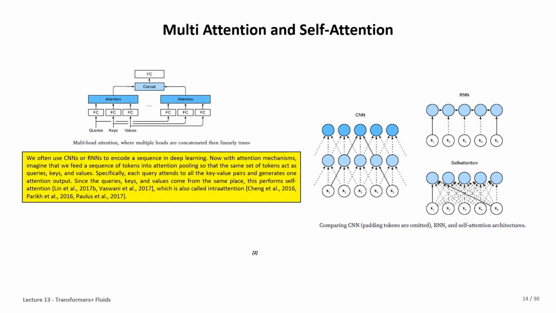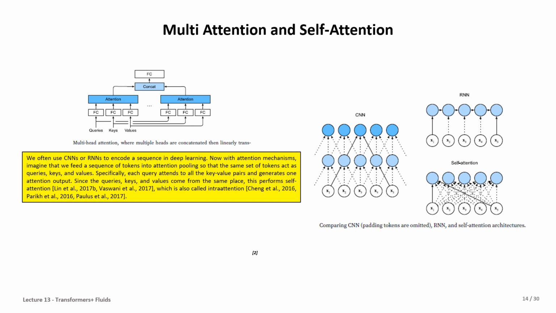Often we use CNNs or RNNs to encode a sequence in deep learning. But with attention mechanism, imagine that we feed a sequence of tokens into attention pooling so that the same set of tokens act as queries, keys, and values.